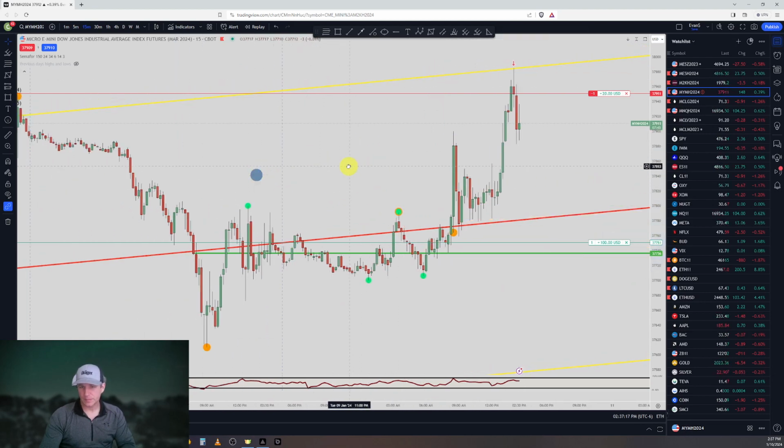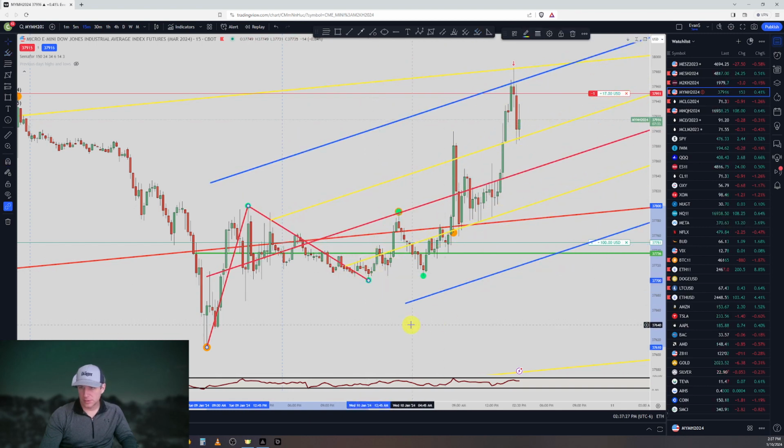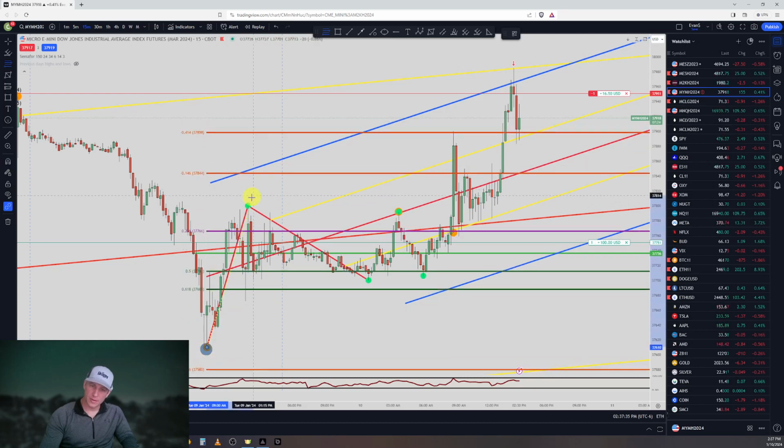And this one is one right here as well. And that's where the entry was. Then it came up there and hit the blue line for that one to be done, and hasn't broken or closed above the blue line.